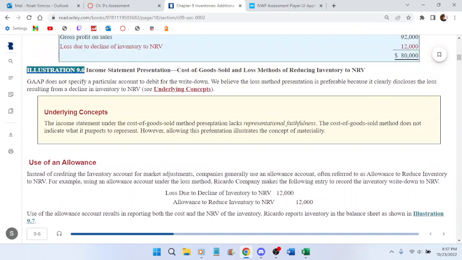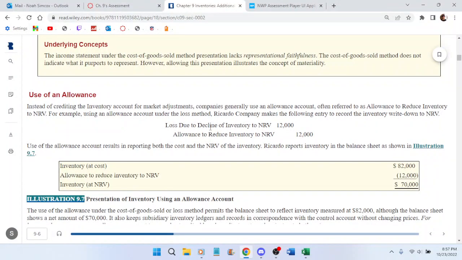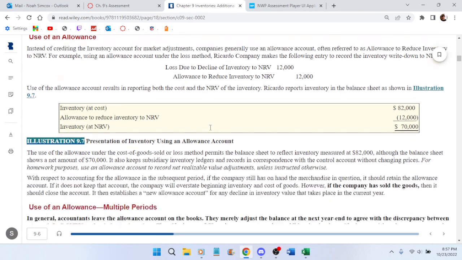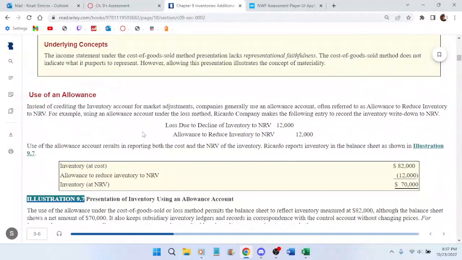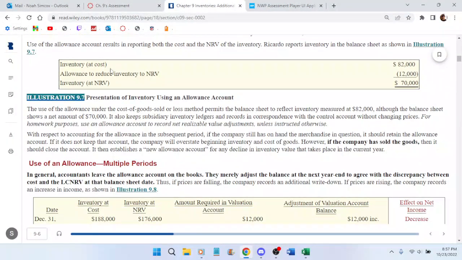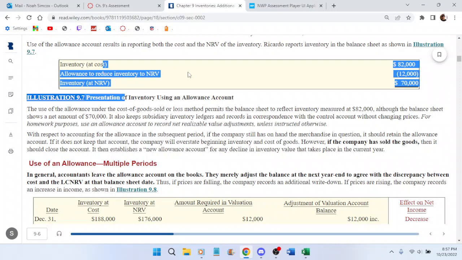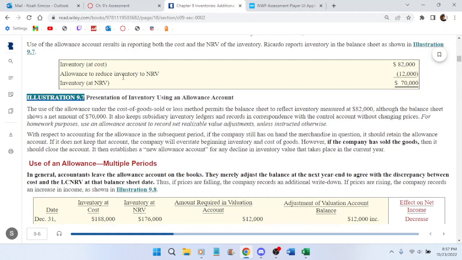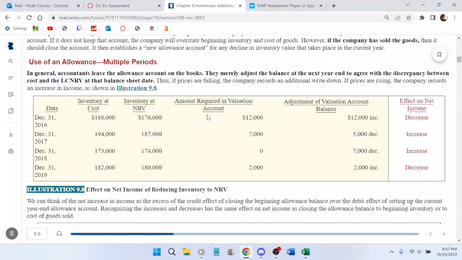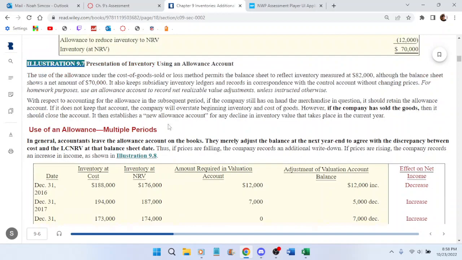They show a balance sheet right here. You have inventory, allowance to reduce inventory at NRV. That's the balance sheet. That's not the income statement. This is not an income statement.